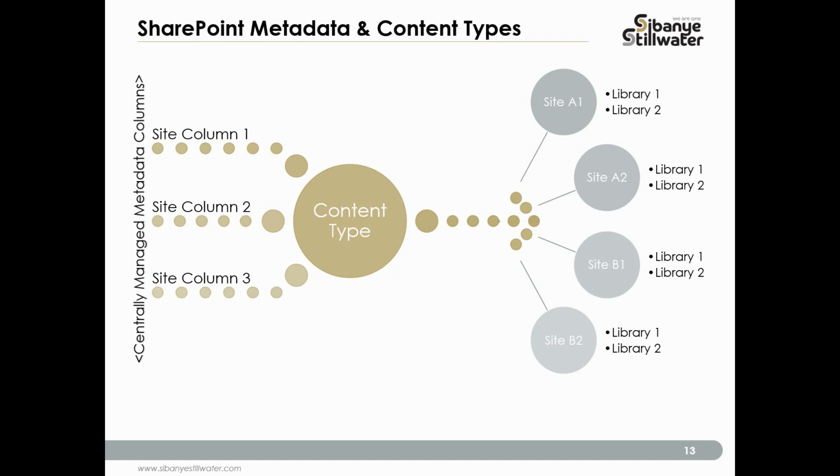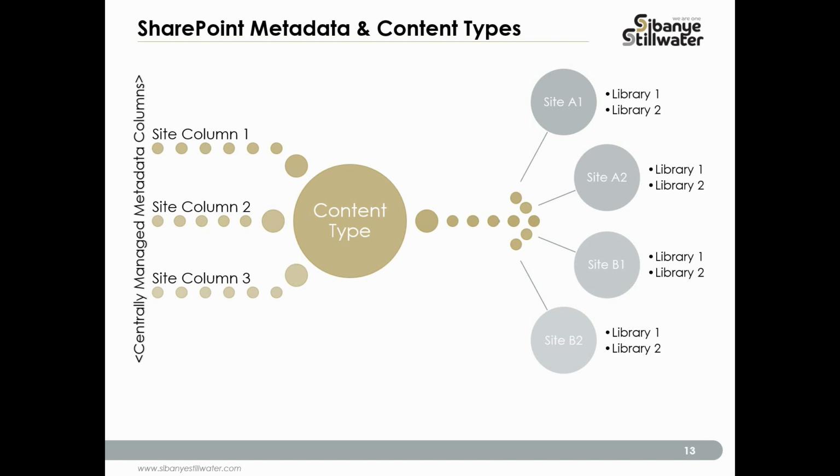So for instance, I might have a content type called meeting documents. And for meeting documents, I might use a site column called document type, which would give me minutes, agendas, etc. I may have a column called meeting date, which will tell me the date of the meeting rather than the day the document was uploaded.